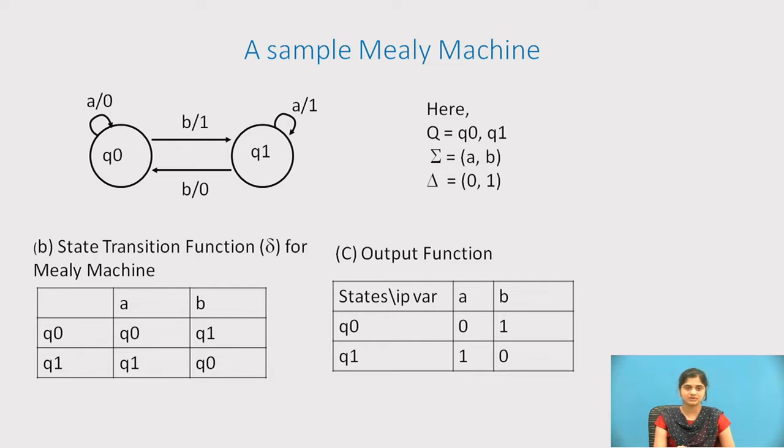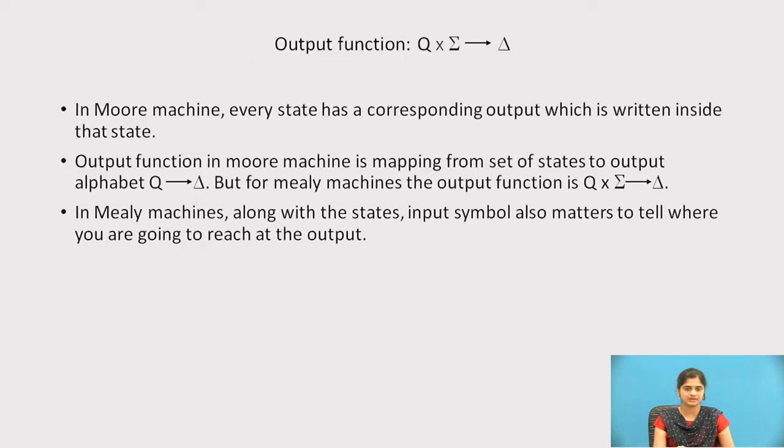If B input is given to the state q0, the output is 1. Again, if A input is given to the state q1, the output is 1. It is written as A/1 in the state transition diagram. If B input is given to the state q1, the output is 0. So from the state transition diagram, with the help of input and output alphabets, we can design the state transition function table as well as the output function table.